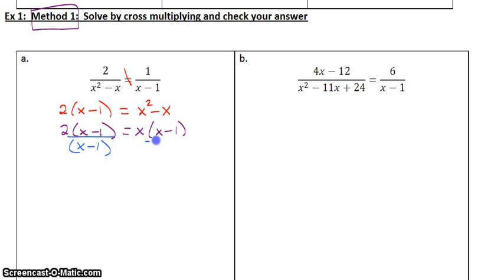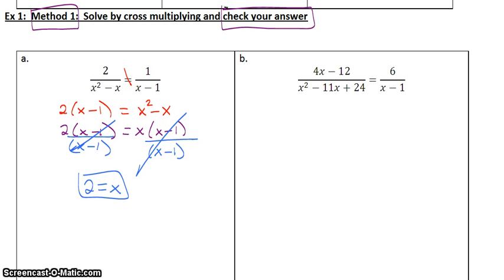So if I divide both sides by x minus 1, and then I try to solve the equation of what's left, actually there's nothing for me to solve, just x equals 2. So again, wait to distribute or FOIL or whatever until you see what you have that can be canceled on both sides.